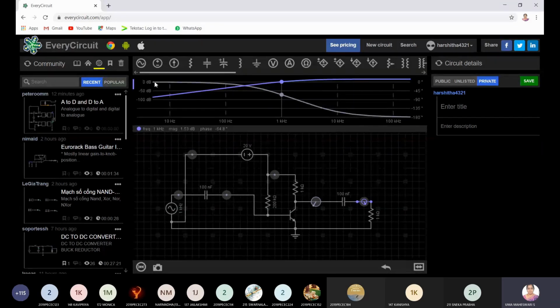And if you see the y-axis, the y-axis will be the decibel value of your voltage gain. So 0 decibel, minus 50, minus 100 like that. So this side is going to be the magnitude of your voltage gain. And on the right hand side, it is going to be the phase value. But as such, in our subject, we are interested only in the magnitude value. So you concentrate on this.